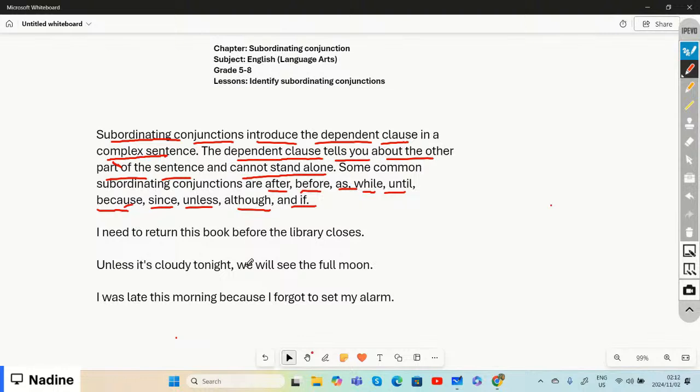So if we look at that specific sentence, it says, I need to return this book. You need to return it when? I need to return it before the library closes. And remember, we said a dependent clause tells you about the other part of the sentence, that cannot stand on its own.